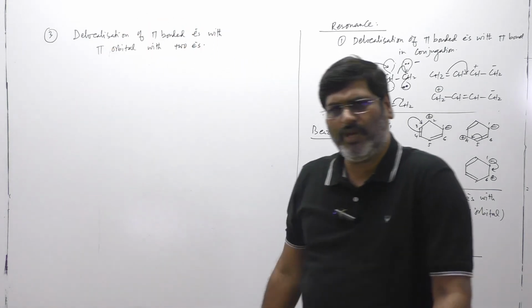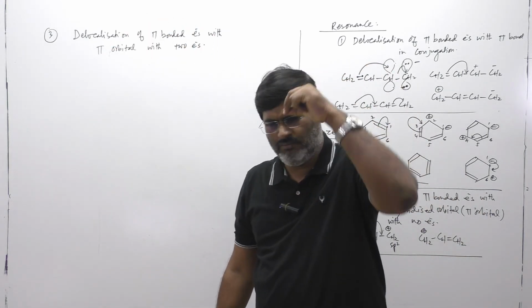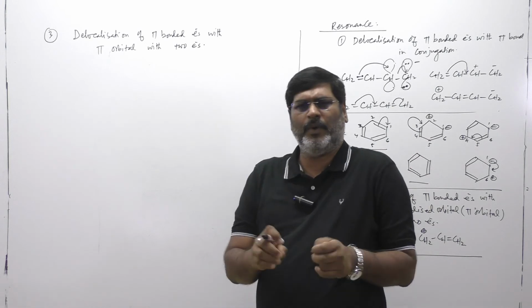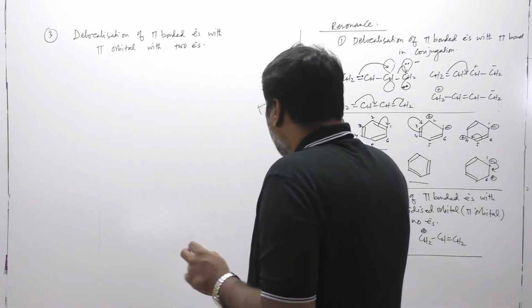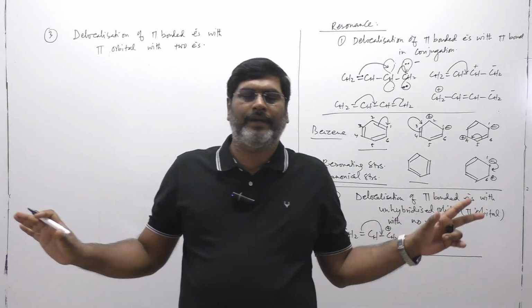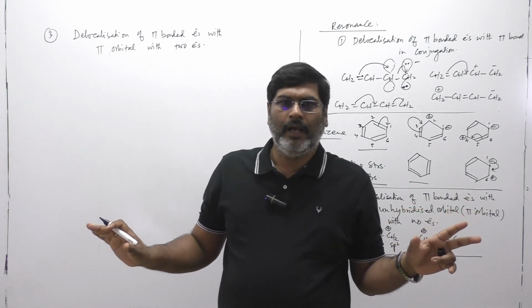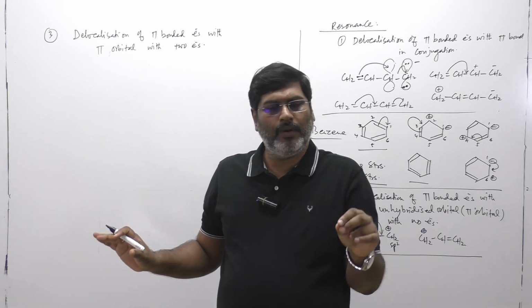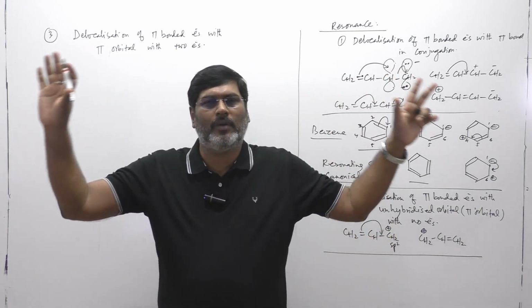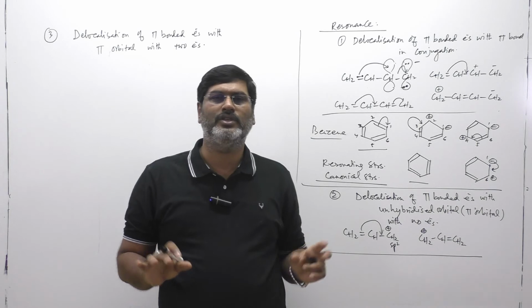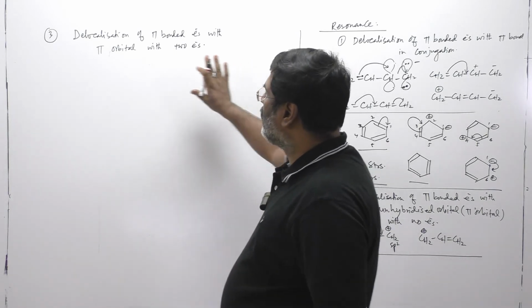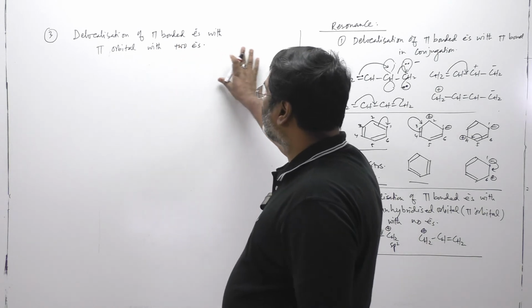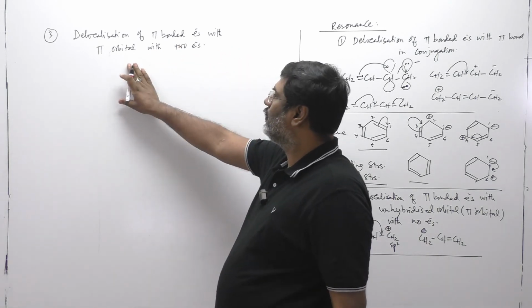Understand? I am giving you all possible options. You cannot have any example more than that, right? I am going to take here the 4, and the complete resonance of the organic chemistry will come under these 4 categories, right? So this is third one, delocalization of pi bonded electrons with pi orbital with 2 electrons.